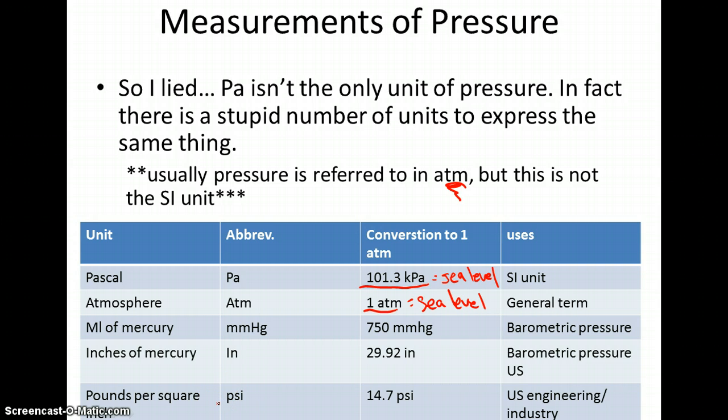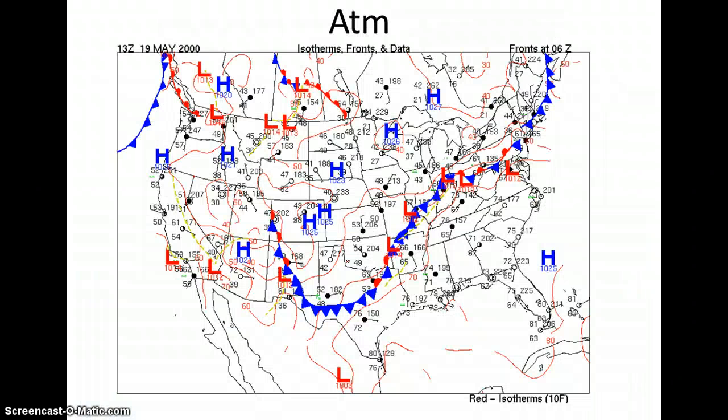The equivalent to atmospheres is that 14.7 psi is equal to 1 atmosphere. Using all of these conversions, we can happily convert between units. So I can get psi to pascals, or mercury to pascals, or atmospheres to pascals, pascals to atmospheres, all kinds of fun stuff. But hopefully I'm not going to make you do too much of that.